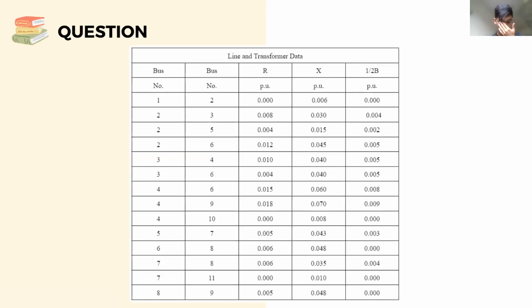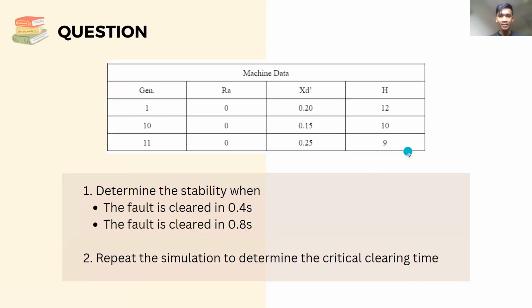And then next is the line and transformer data for the system. And next, the last table includes the machine data.